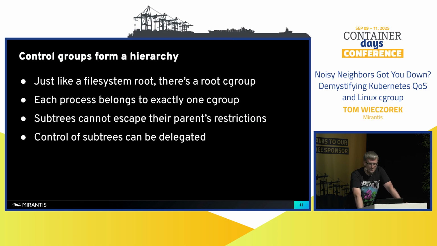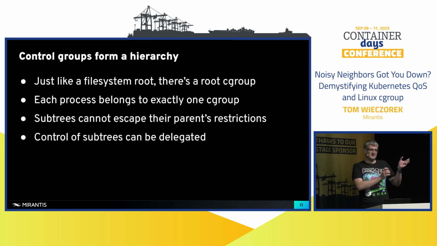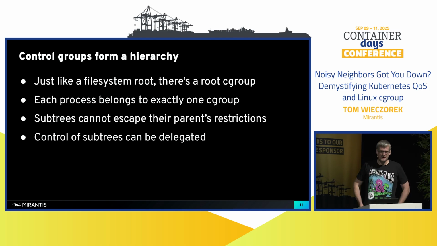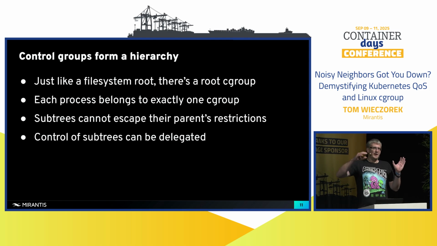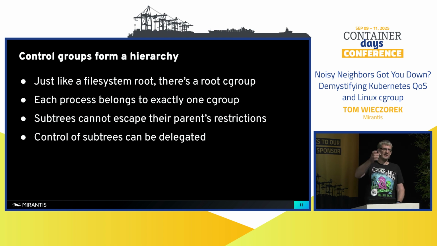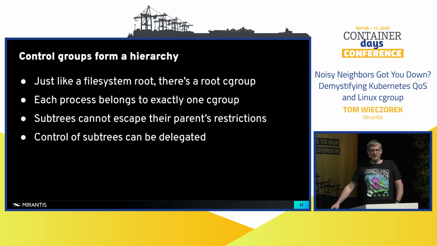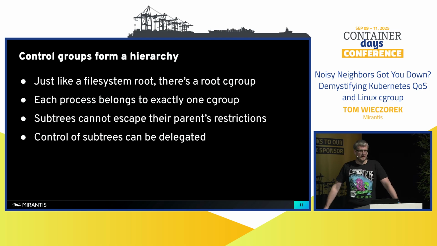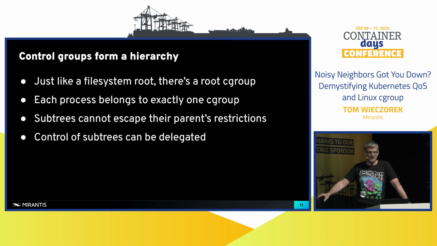Each process which is running belongs to exactly one cgroup, right? So there is a one-to-one relationship, but each cgroup can have a parent cgroup. That's the hierarchy. If you compare this with file system permissions, you can set permissions on a directory, and then this trickles down to the leaf nodes.